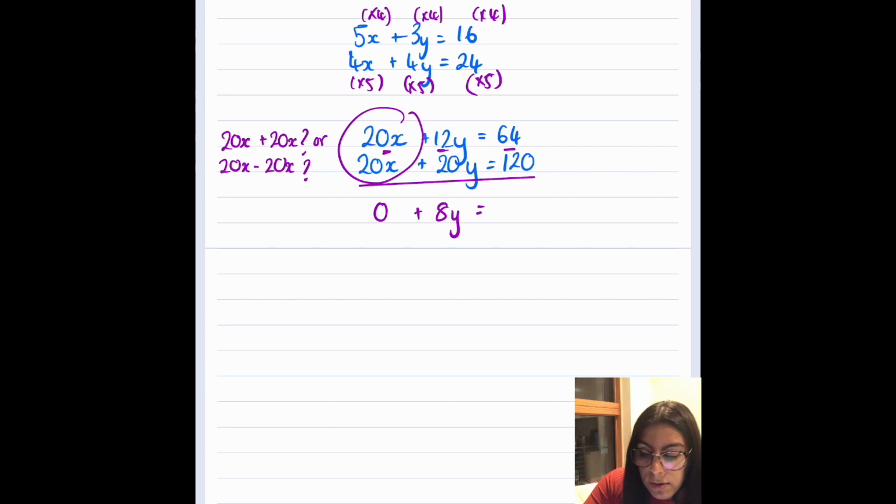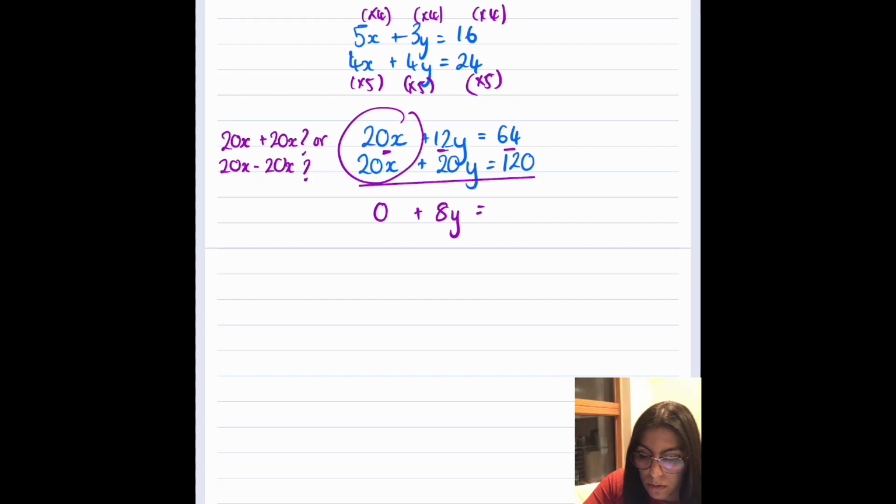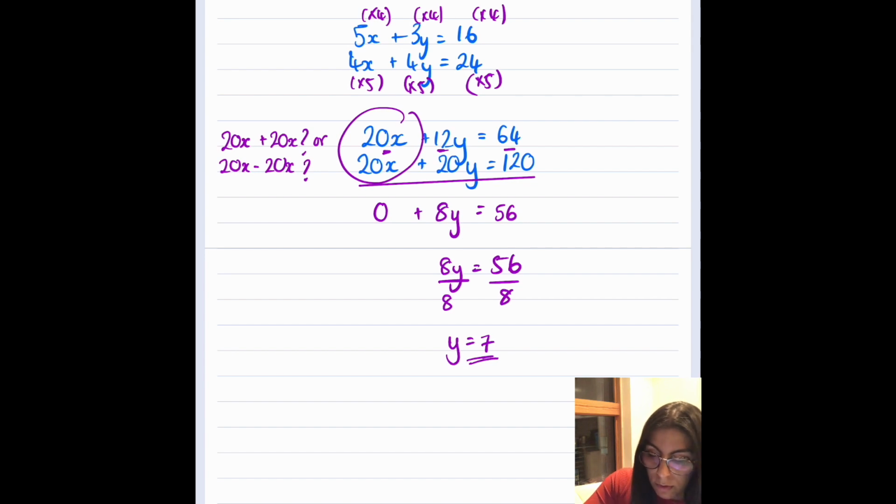And then 120 minus 64 is going to leave me with 56. So my new equation is 8y equals 56. Divide by 8, divide by 8. y equals 7. So my final answer, if I was writing this out, x equaled negative 1, so I'm going to write this out as negative 1, 7.